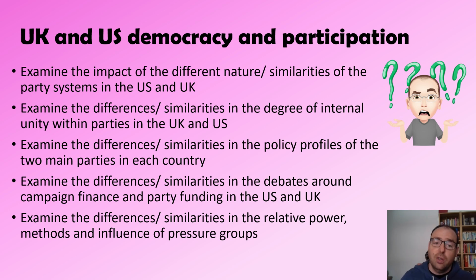The differences or similarities to the degree of internal unity within the parties. So you're looking at the factions in the UK and US parties. You need to know the factions within the Conservative Party, the factions within the Republicans, the factions within the Democrats and Labour Party, and are they more united in the UK?